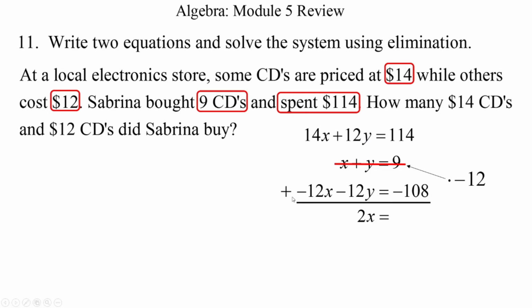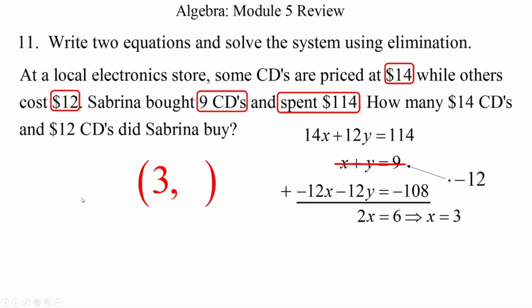And 12y plus negative 12y cancels. And then I have 114 plus negative 108, and that's going to be 6. So if 2 times x equals 6, wouldn't x have to equal 3? So that means we bought 3 $14 CDs. All right, so let's put a 3 right there.